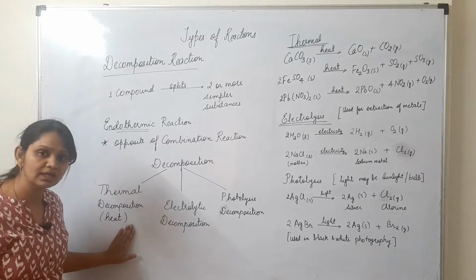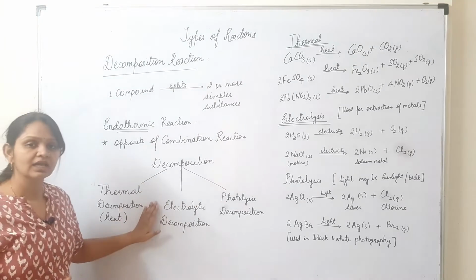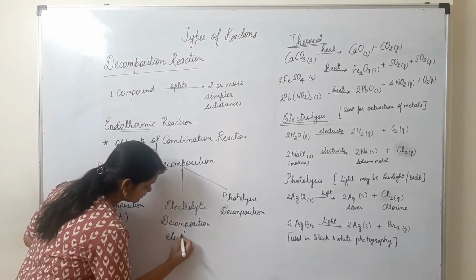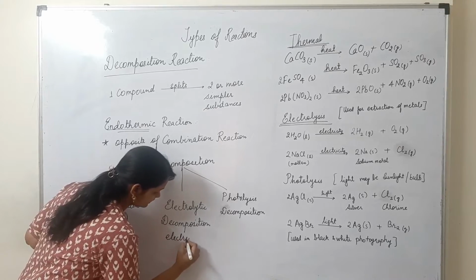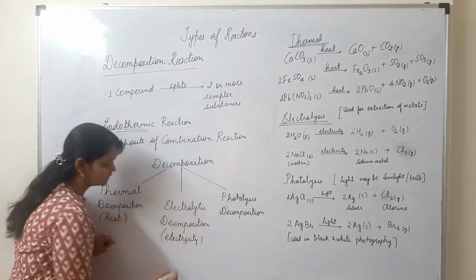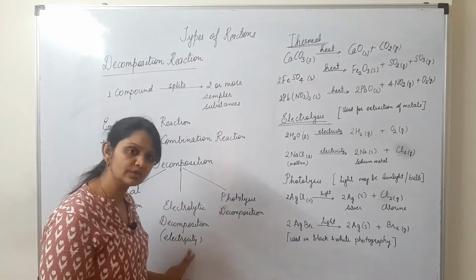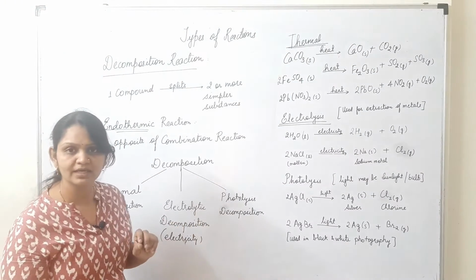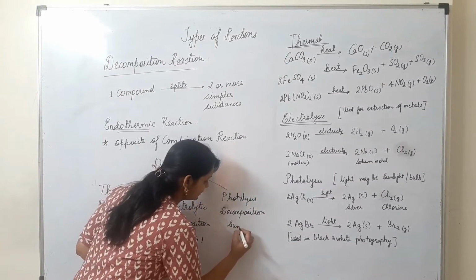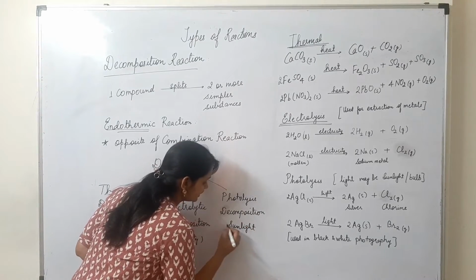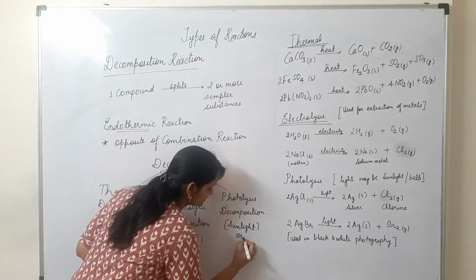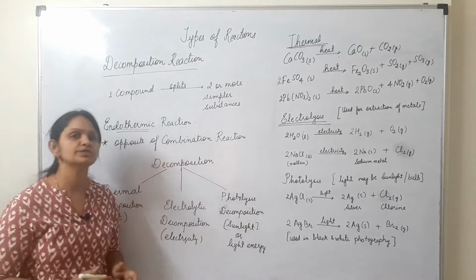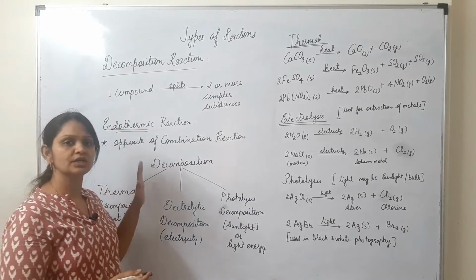Similarly, the decomposition which requires electricity is known as electrolytic decomposition. And where it is caused due to light energy, either sunlight or the bulb light, it is known as photolysis decomposition. So, decomposition is of three types.